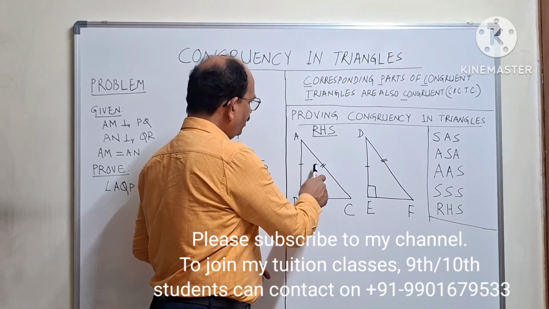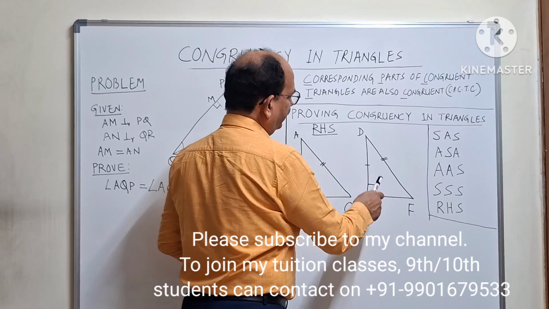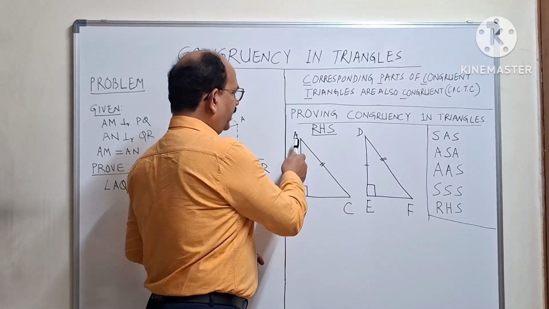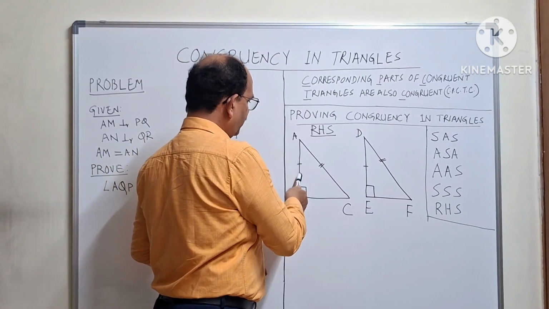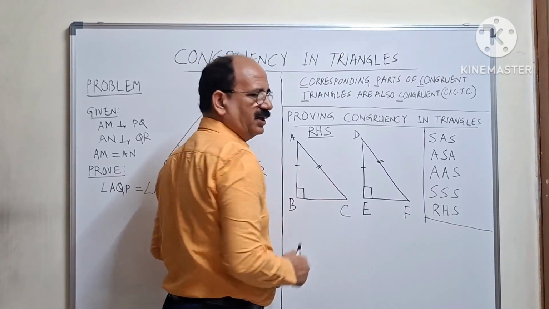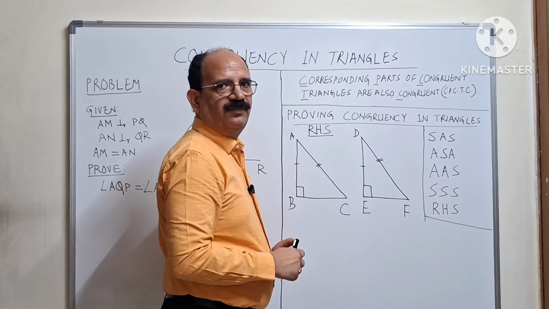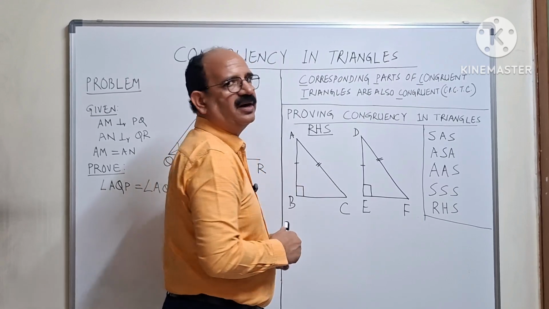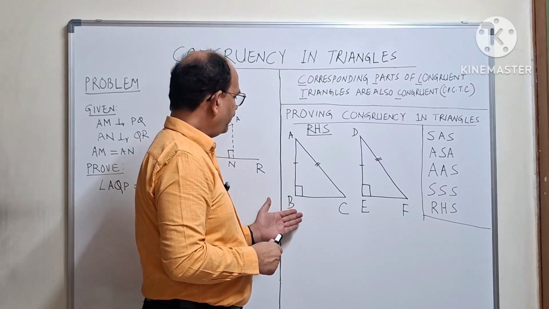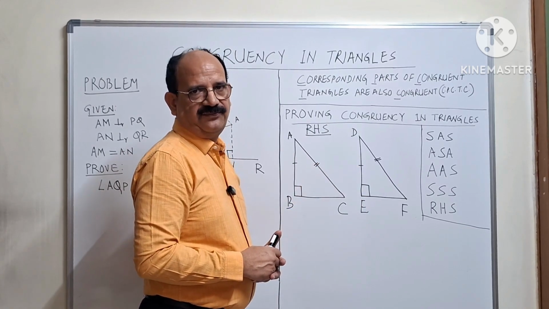The hypotenuse of ABC, that is AC, and the hypotenuse of DEF, that is DF, are equal, and any one side, in this one I have shown AB equal to DE, it can be BC equal to EF, any one side of each triangle being equal, then we have the RHS criterion of congruency met, and then we can say that triangle ABC is congruent to triangle DEF.